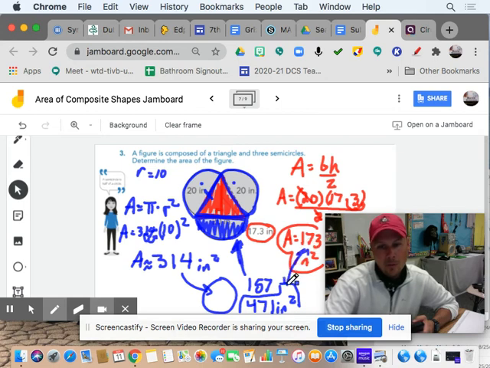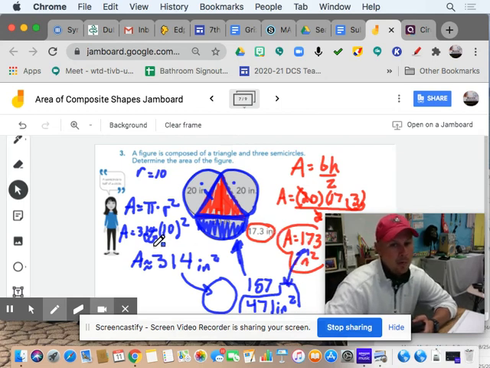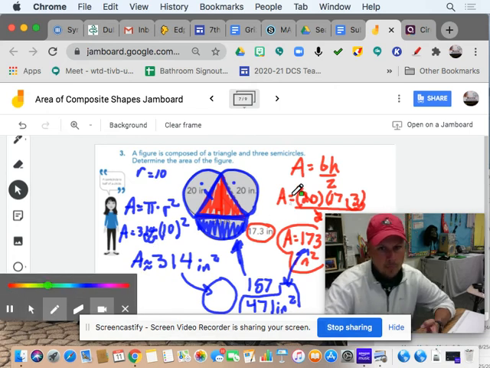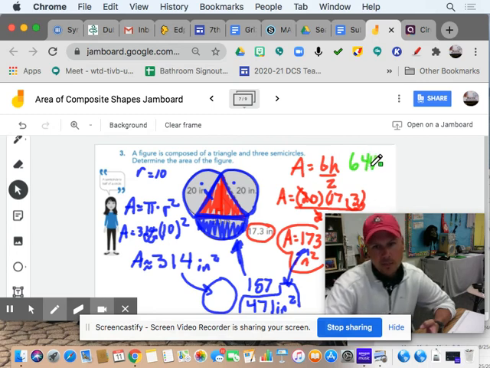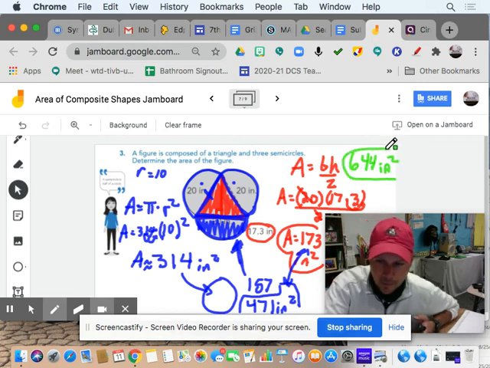So if I put that with the triangle, we get 471 and 173. And we end up with a grand finale answer of 644 inches squared, also known as square inches. So 644 should have been your answer for that last question.